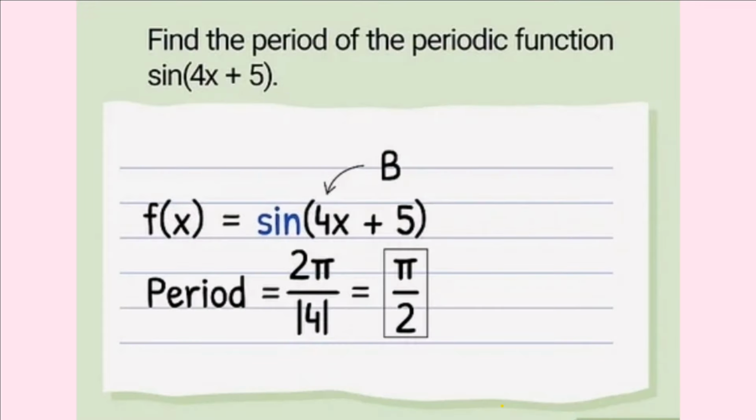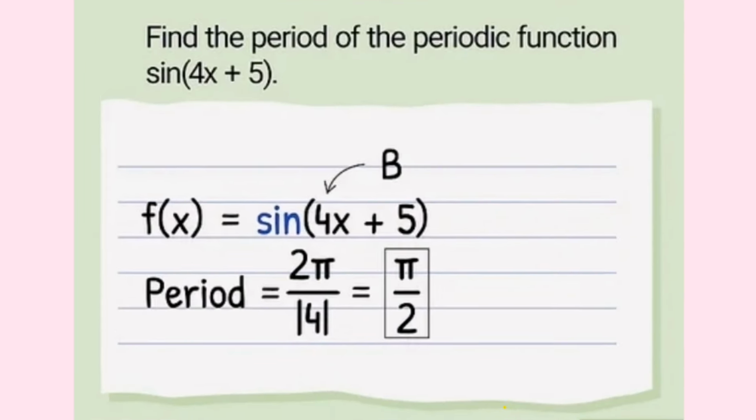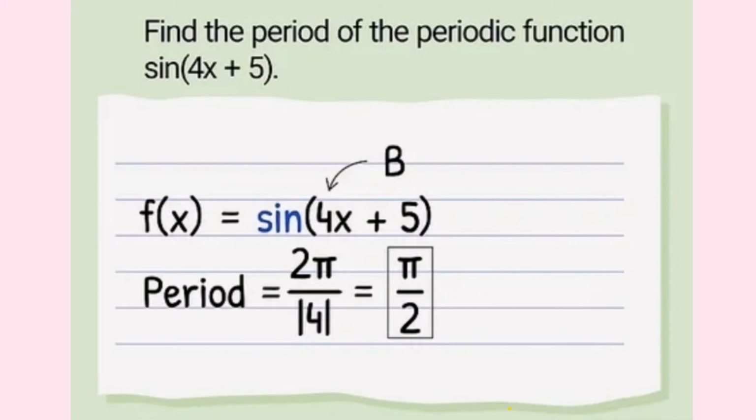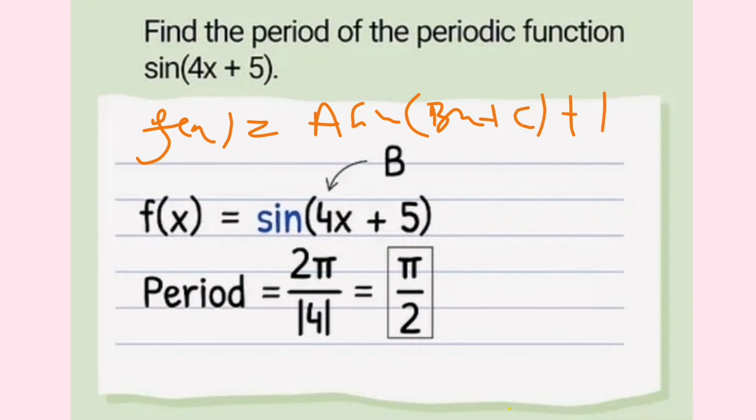Find the period of the periodic function sin(4x + 5). If we compare with the general form f(x) = a sin(bx + c) + d, then the value of b will be 4.